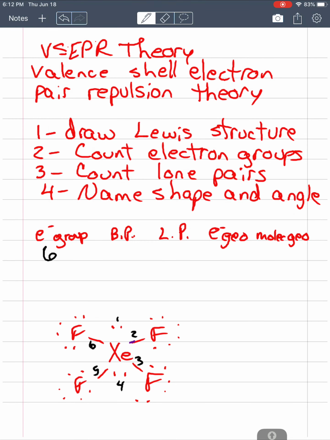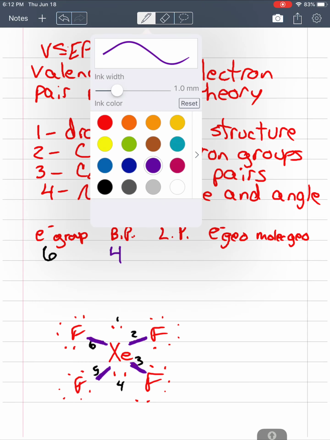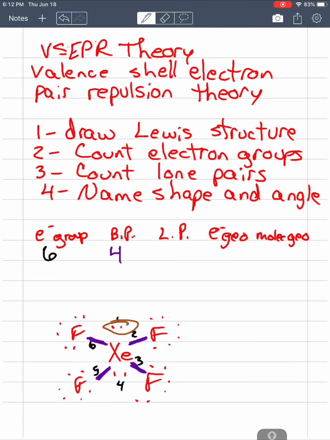Let's count the bonding pairs. Bonding pairs mean the bonds, or the bonding groups. 1, 2, 3, 4. Now let's count lone pairs. All right. So then your electron geometry would be trigonal bipyramidal.